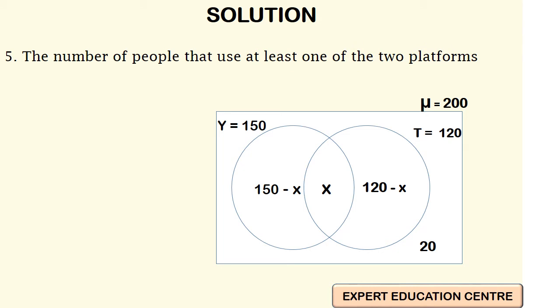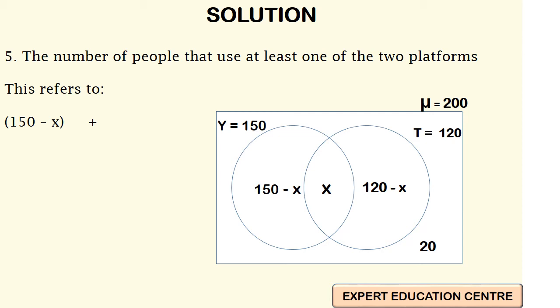The number of people that use at least one of the two platforms, this is the very last question, can be found by adding up the three sections. Those that use YouTube only, those that use Twitter only, and then those that use both of them.